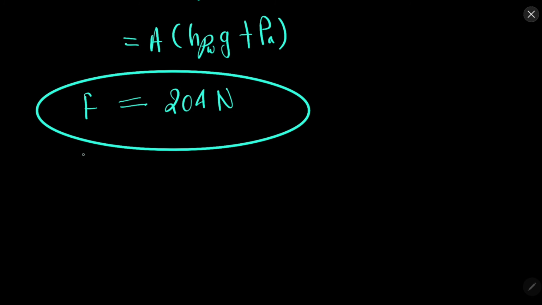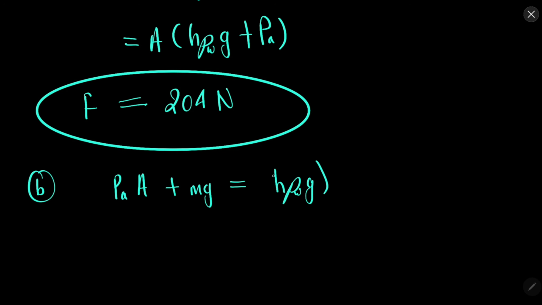Now in the second part, the B part, how can we solve? We need to find the resultant force exerted by the sides of the glass. By the free body diagram and the diagram that is given, we can say that the pressure due to air into area plus mg equals pressure h rho g into area plus air pressure into area.